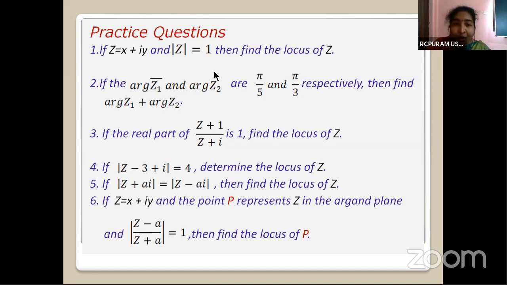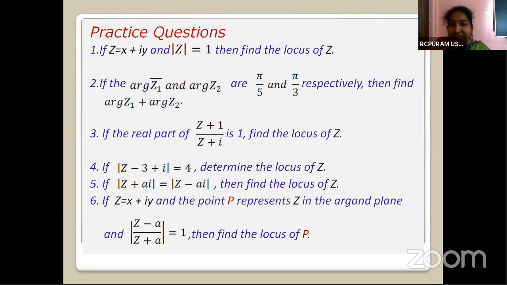Okay, hope now you can start doing your practice questions with the hints I have provided, right? And try to learn the formulas and the conditions for the argument and also the modulus amplitude form.